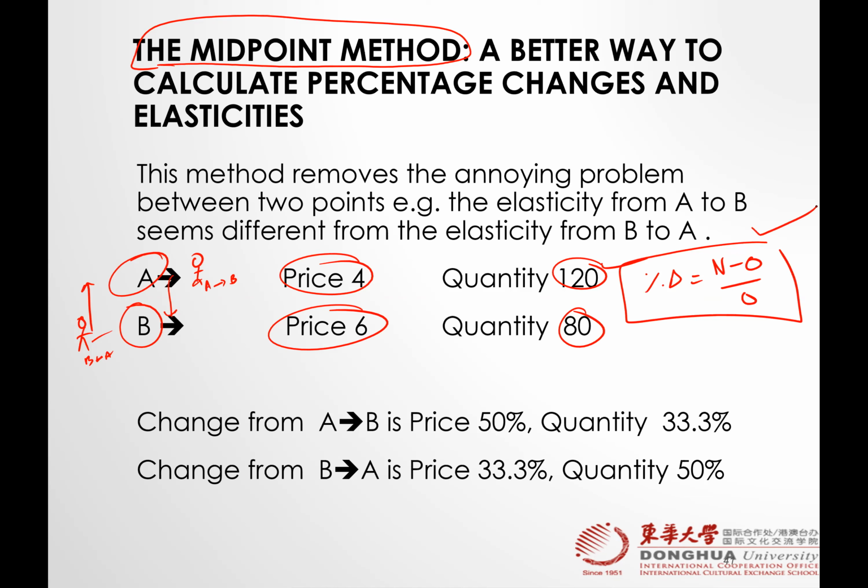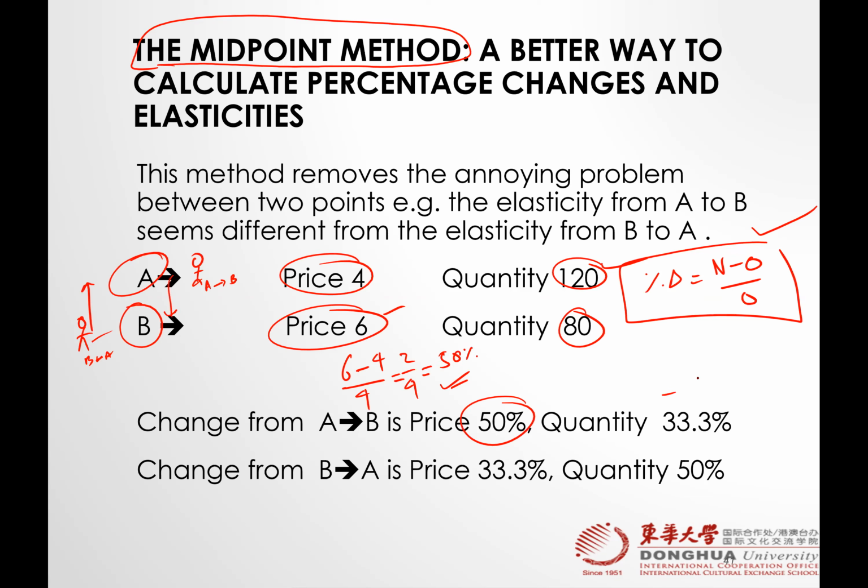If we use this formula to calculate the percentage change from A to B, the price change is 50%. How did this 50% come about? From A to B the new price is 6 and the old price is 4, so 2 over 4 gives 0.5, or 50%.